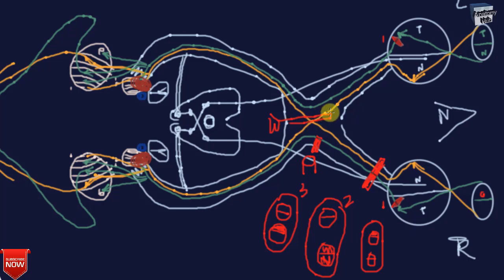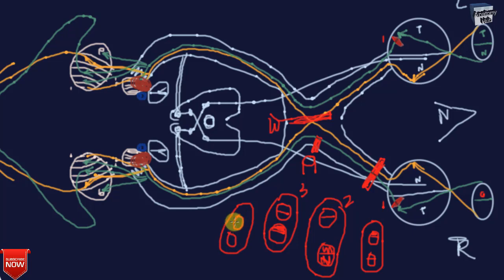So this lesion will form over here, where there are the two visual fields, and here is also your field.